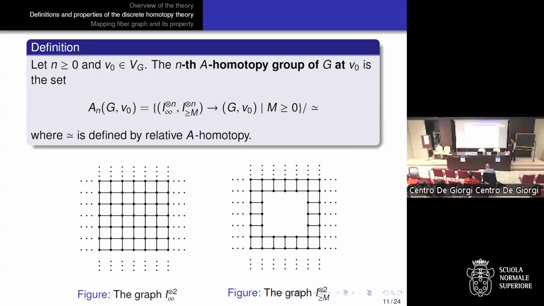For this kind of graph, we define its subgraph I_{>m} tensor n. This is a subgraph of this graph consisting of the vertices less than minus m and bigger than m. So we remove the inside vertices and edges. So this is the graph I_{>m}. Then we define the outside vertices to go to V0. Okay, then we can define a homotopy group. So this is the definition of a homotopy group of graphs.